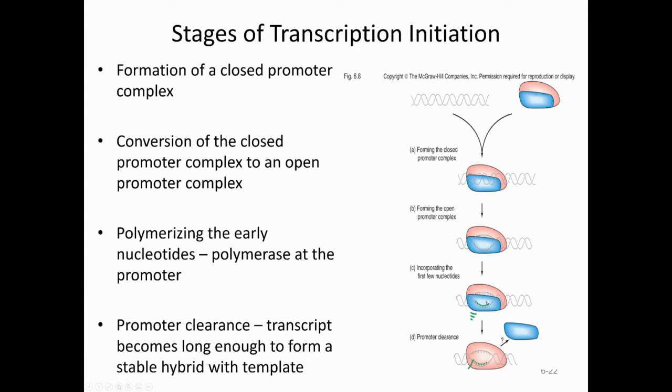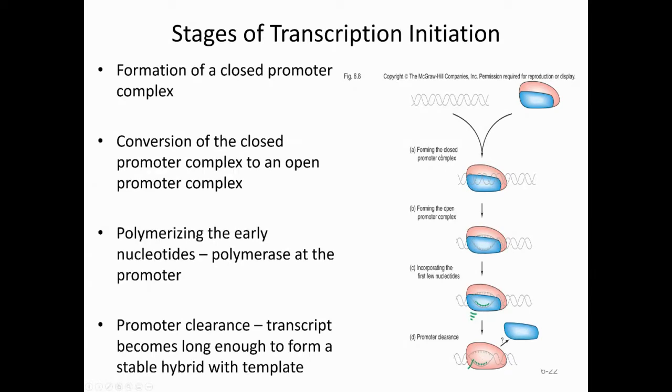Then the whole RNA polymerase will move. If the RNA-DNA hybrid is stabilized, then it moves and the sigma dissociates from the core enzyme. Then it moves to the next few nucleotides, and that is the promoter clearance.